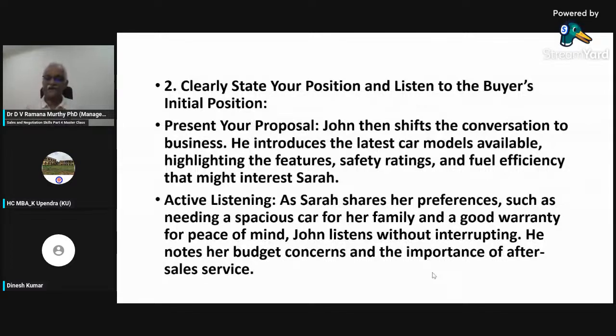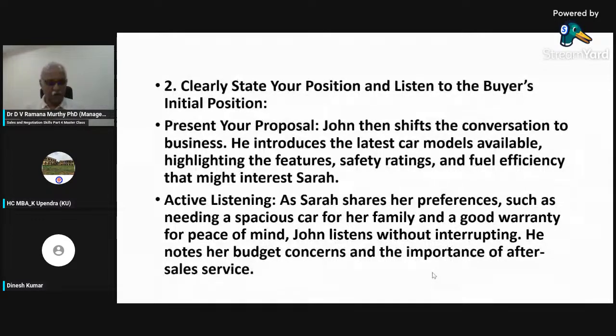She might be talking about the price brackets. Meaning I have the budget only for maybe 10 lakhs, 12 lakhs, 20 lakhs, something like that. So John notes her budget concerns and constraints, and the importance of after sales service offers, whatever it is.